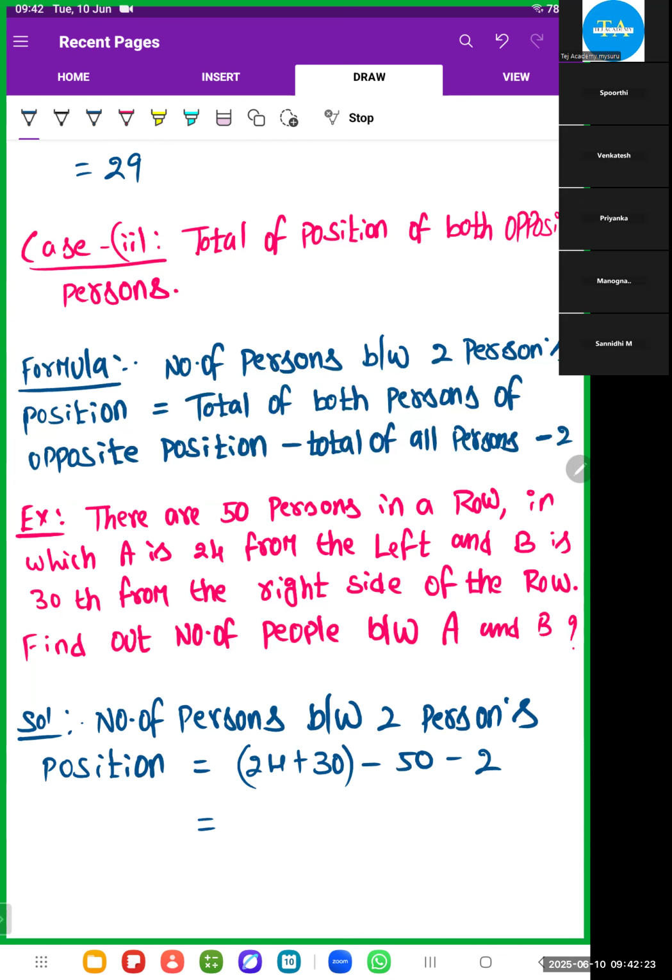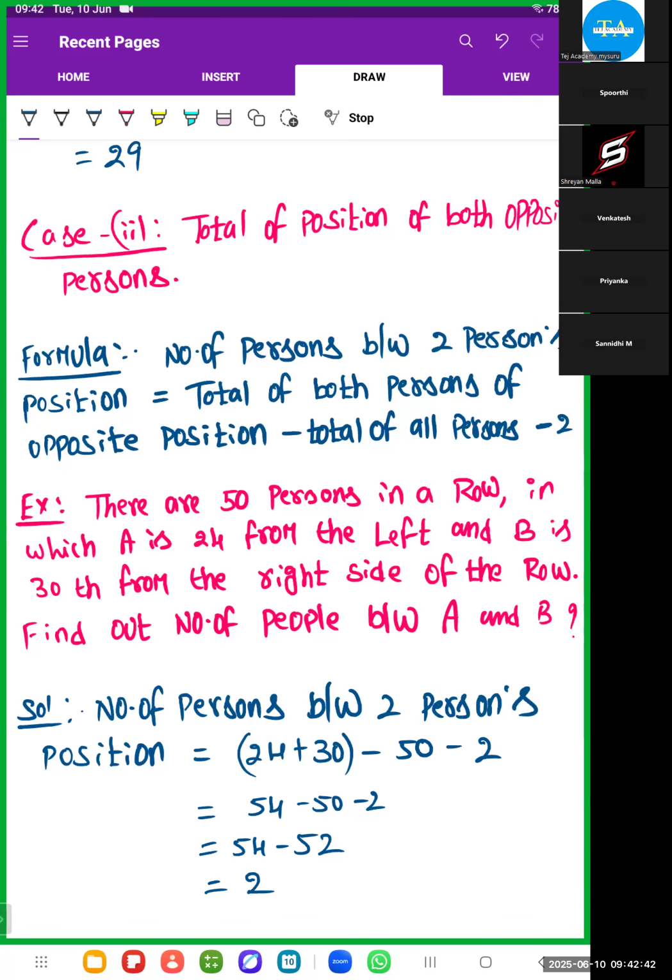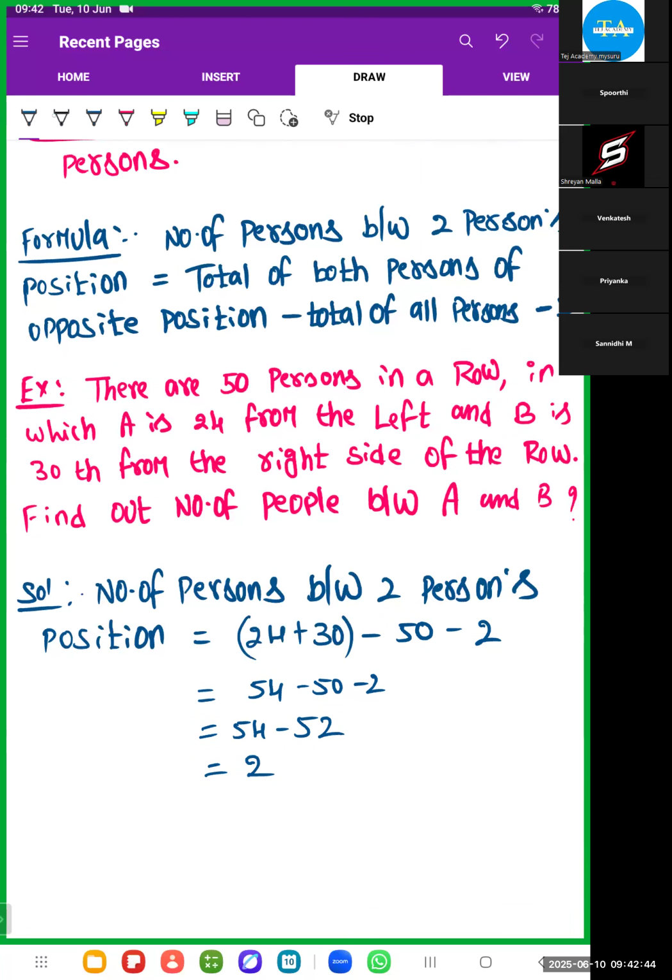So subtract it. 54 minus 52 is equal to 2. Clear? Yes, sir.